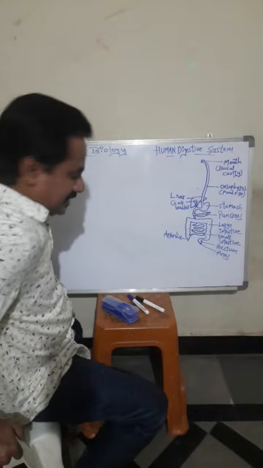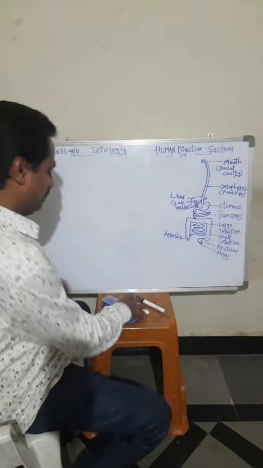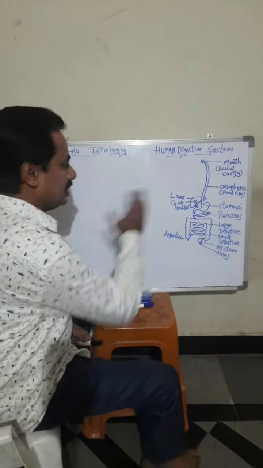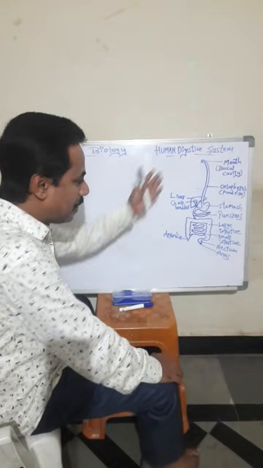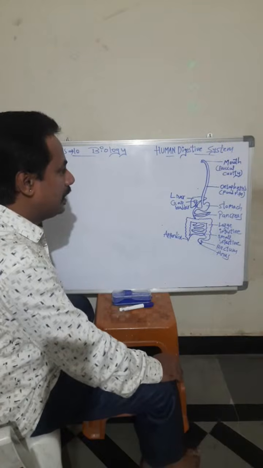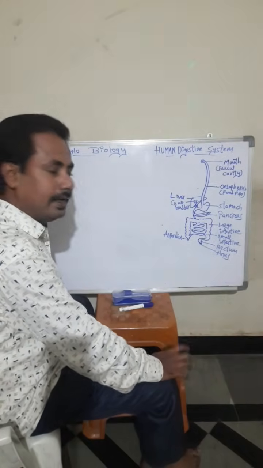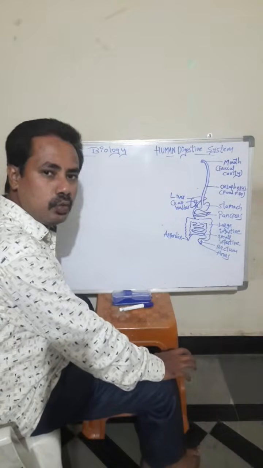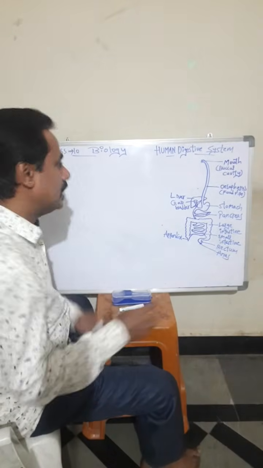Human digestive system. So first, let us discuss some parts of the human digestive system. Human digestive system includes alimentary canal and digestive glands. Two things are involved.